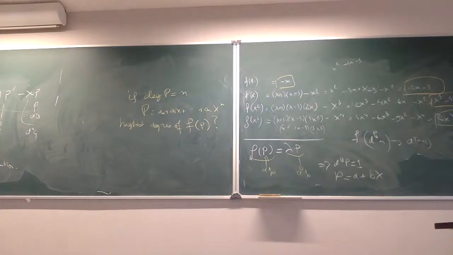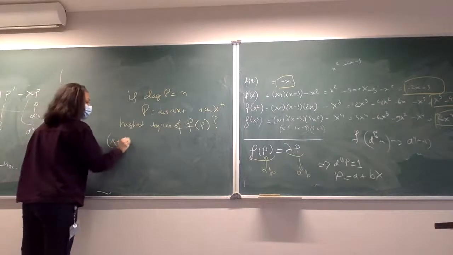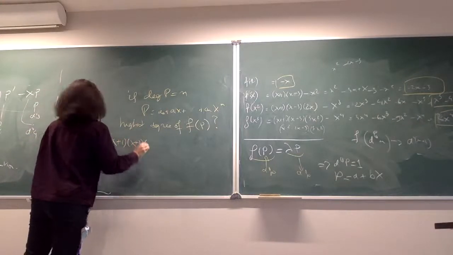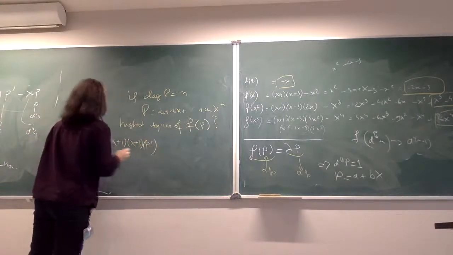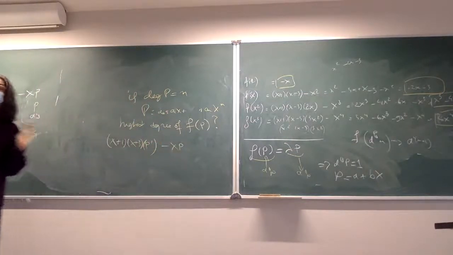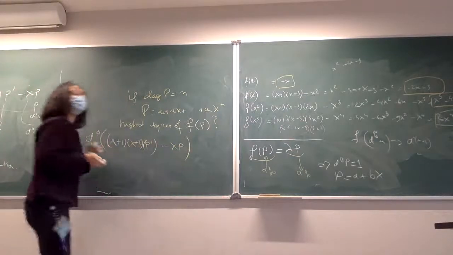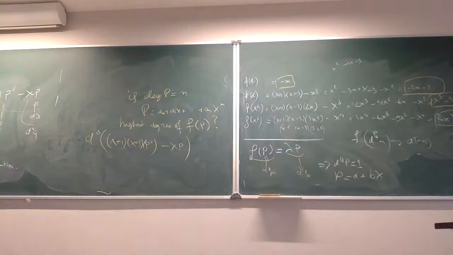That's going to be the degree of what I have: f of P, x plus 1, x plus 3 times P prime minus x of P. I'm looking for the degree of this polynomial. So what is that going to be?